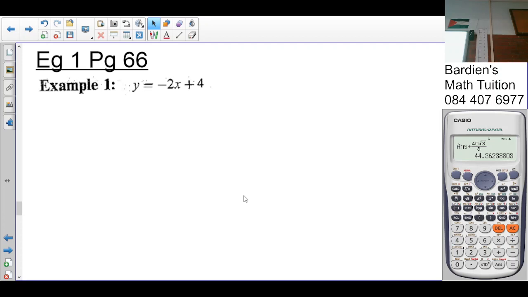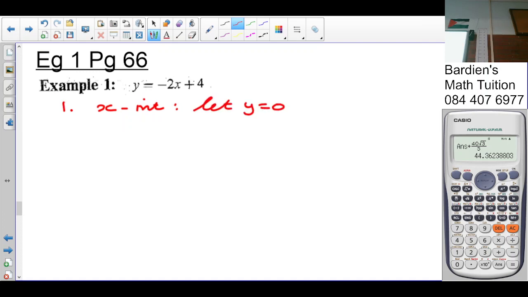So, what's the first thing we need to do? What do you say? The first step was to work out our x-intercept. How do you calculate the x-intercept? We let y equal to 0. Not so?